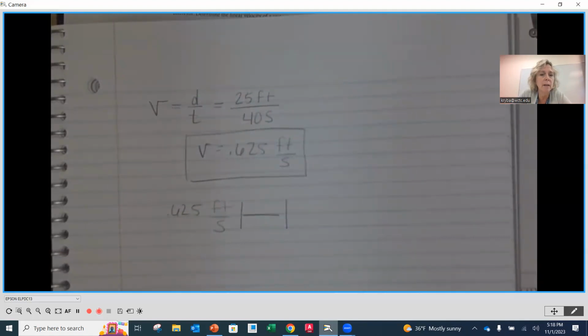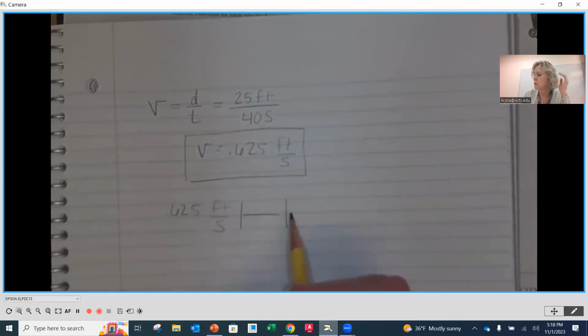What I like about it is when I have these straight lines instead of the curved ones, it signifies that I'm doing a unit conversion here. It's not part of the equation, and there aren't any other variables that I'm multiplying by. So I'll always use these vertical lines for my conversions.